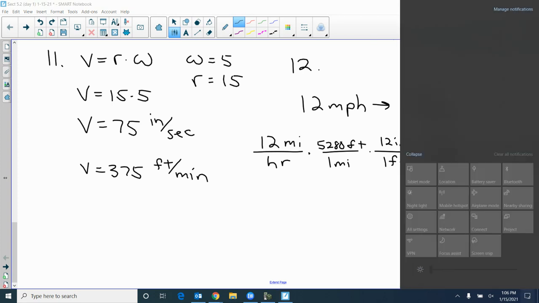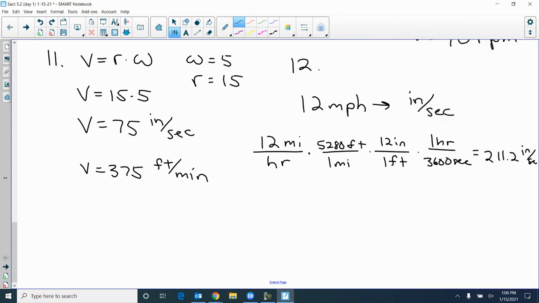Now we need to go, theta, the angle, equals s divided by r. That would be the length it's traveled, okay, in 1 second, which is going to be equivalent to what in the theta equals s over r. That's going to be our arc length. Now there's a couple different ways you can go about finishing this problem, but let's figure out, if I do 211.2 divided by, what is the radius of the wheel? 18.